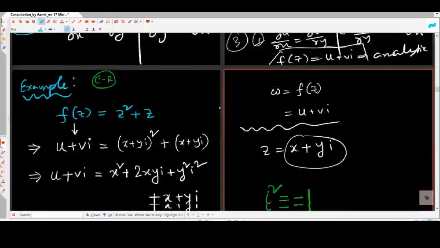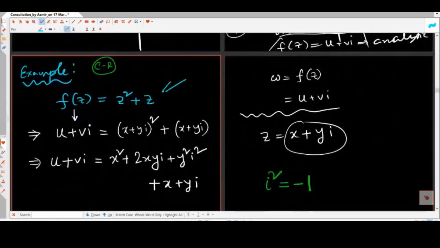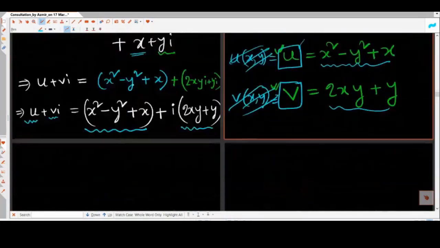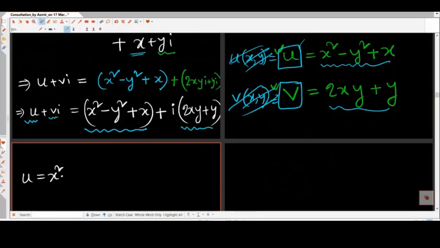So that means we are going to check whether this function f of z satisfies the Cauchy-Riemann equations or not, or whether the function f of z is analytic or not. So for having the Cauchy-Riemann equations, we need at first u and v. So already u and v are in our hand. So u equals x squared negative y squared plus x, and v equals 2xy plus y.